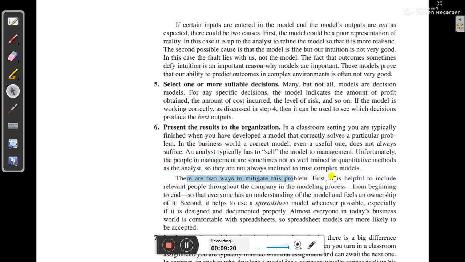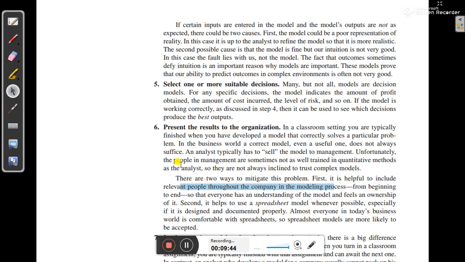First, it is helpful to include relevant people throughout the company in the modeling process, so they know what they are modeling. The idea from the previous video comes back: what type of model do we choose? Algebraic model, graphical model, or spreadsheet model?